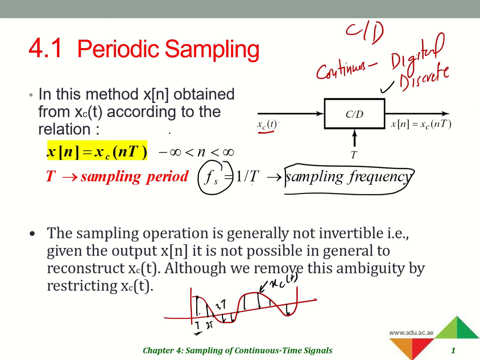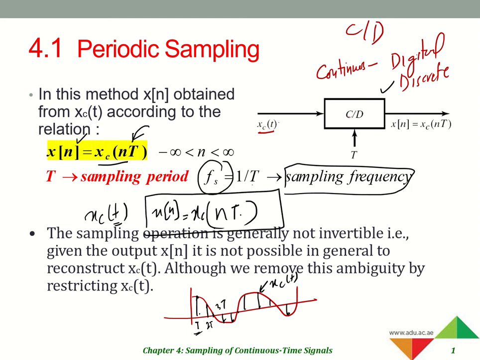So we can represent a discrete time signal as the sampled version of the continuous time signal. We have a continuous time signal, and if we take its different samples, depending on the sampling frequency, that will give us a discrete time signal.